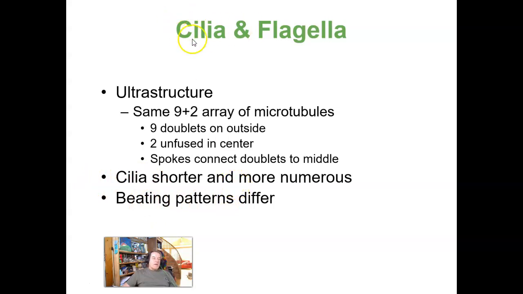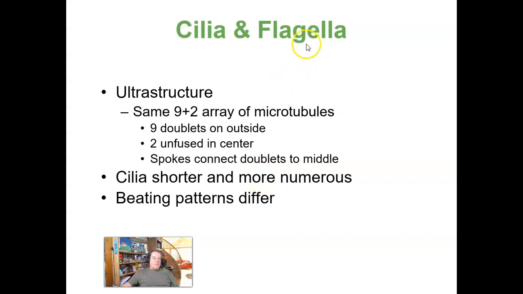In you and I, we have ciliated epithelia in our respiratory tract, in a few places in our excretory system, and in females along the fallopian tubes. In all cases, that's for moving mucus and whatever's embedded in that mucus along. In your respiratory system, it's to continuously clear out your lungs. That's why you always cough up mucus. In your fallopian tubes, it's to move the egg towards the uterus.